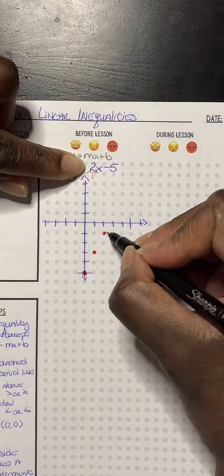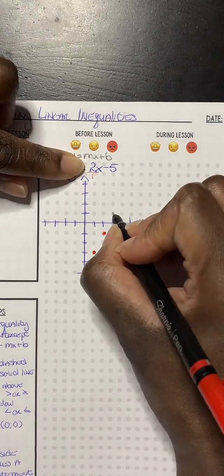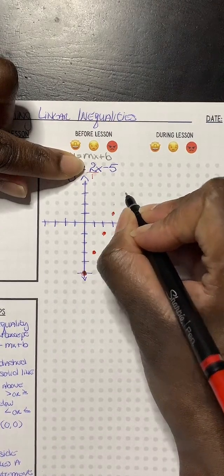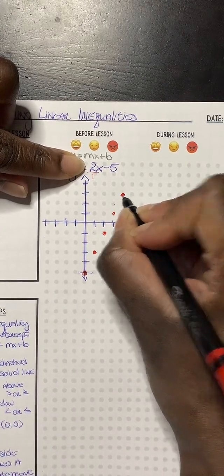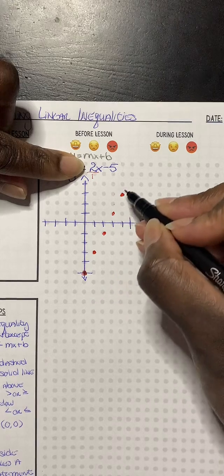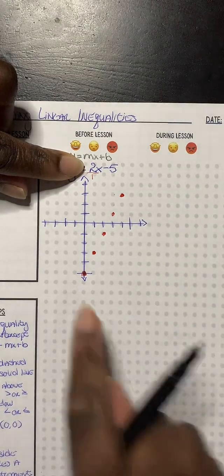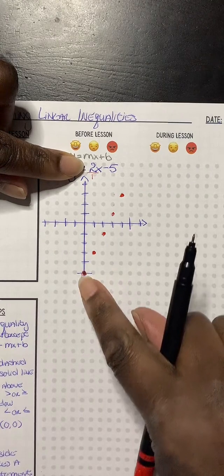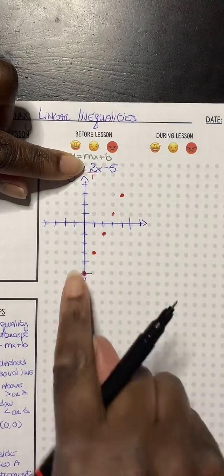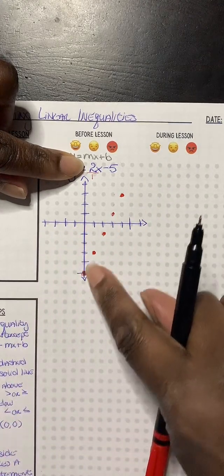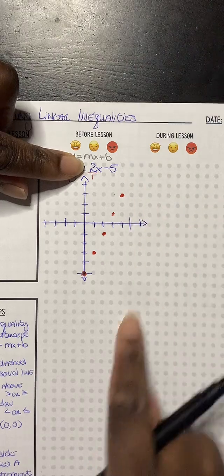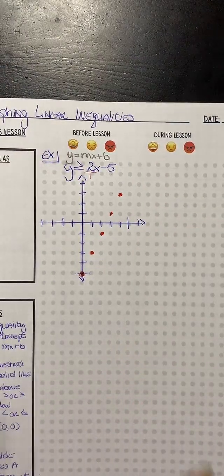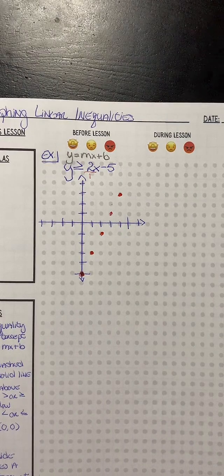Notice my points give me a straight line, and from left to right it's increasing. As my x's are increasing, so are my y's. But this is what makes inequalities different.